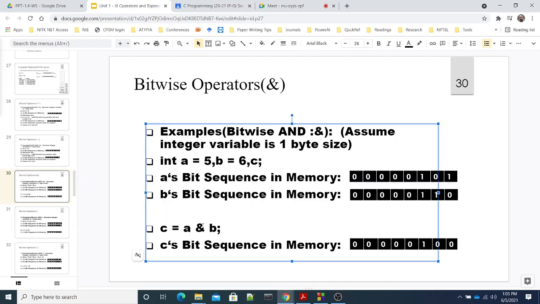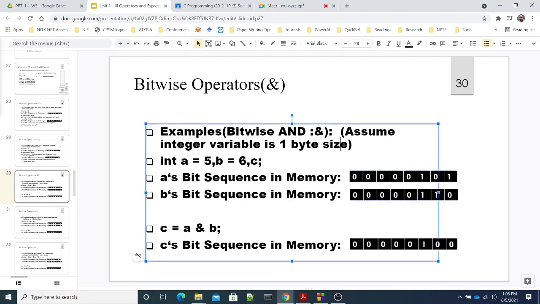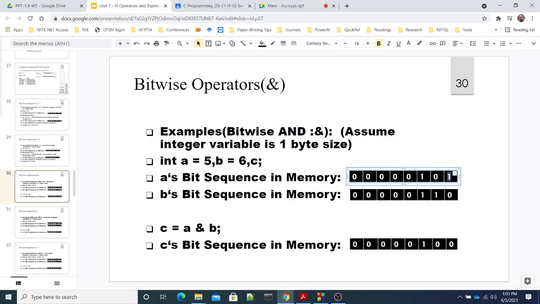I am applying bitwise AND operation. What happens is the corresponding bits of both the numbers A and B are ANDed. Corresponding bit means this bit and this bit. Logical AND operation is applied on the individual bits.